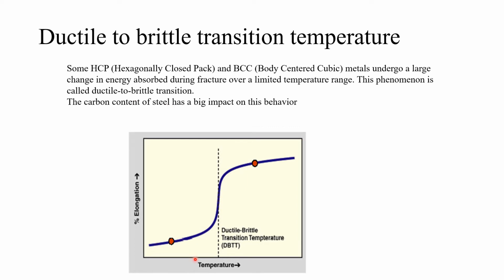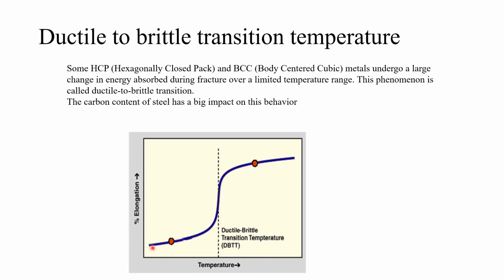It is usually described with this diagram of percentage of elongation versus temperature. Once the temperature decreases to a certain point, the ductility will significantly drop.